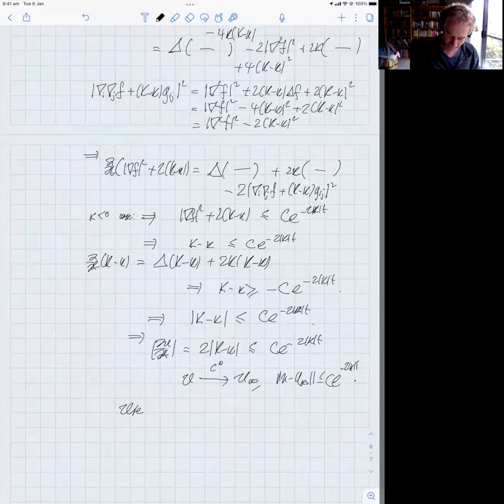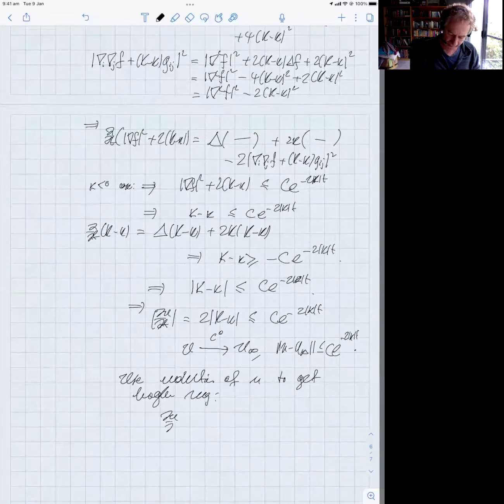So the evolution of u, to get higher regularity. Okay, because the evolution, du/dt, would be e to the minus 2u Laplacian bar of u.